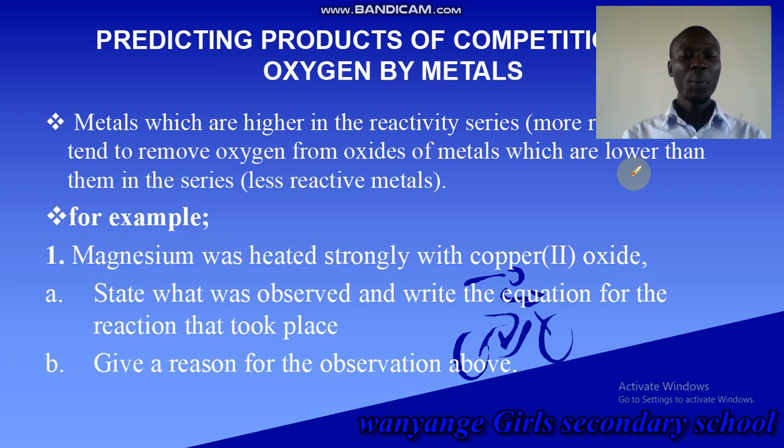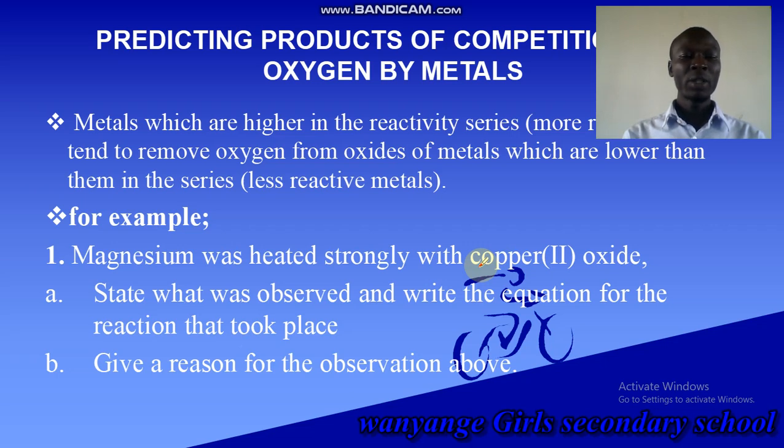So, for example, magnesium, when it is heated with copper 2 oxide, or a mixture of magnesium and copper 2 oxide being heated, what we shall see is the magnesium being more reactive will remove the oxygen from the copper 2 oxide, because the copper in copper 2 oxide is less reactive.